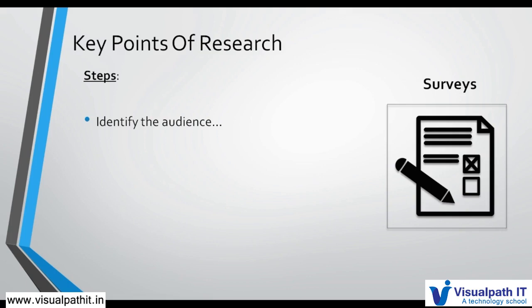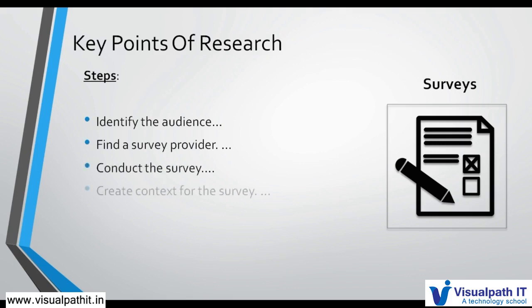The research done before conducting a survey is critical to the survey's success. Second, find a survey provider. Third, conduct the survey. Fourth, create context for the survey. Fifth, evaluate your research. These are the five points for your survey.